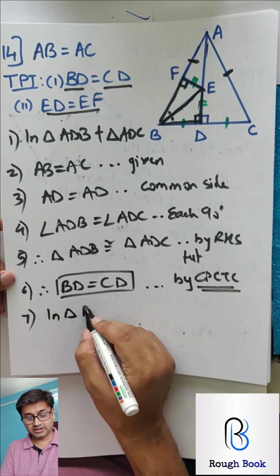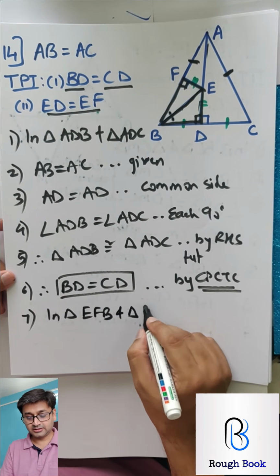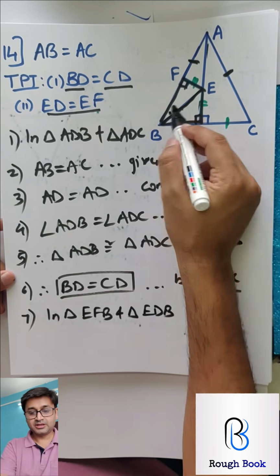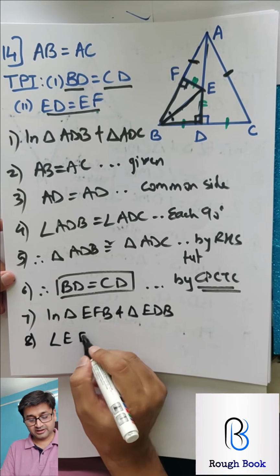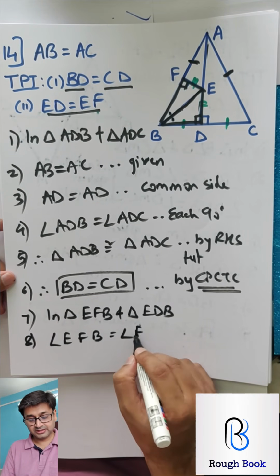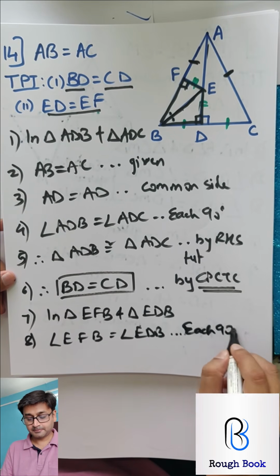Brilliant. So first one, in triangle EFB and triangle EDB, I will say angle EFB equals EDB, each 90.